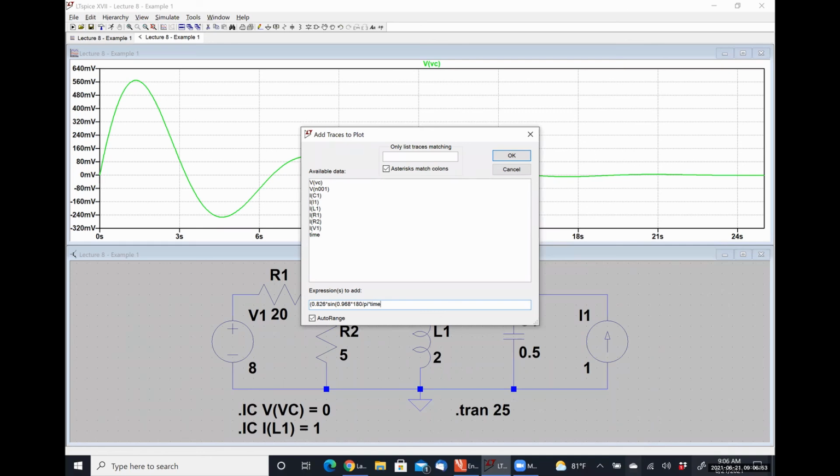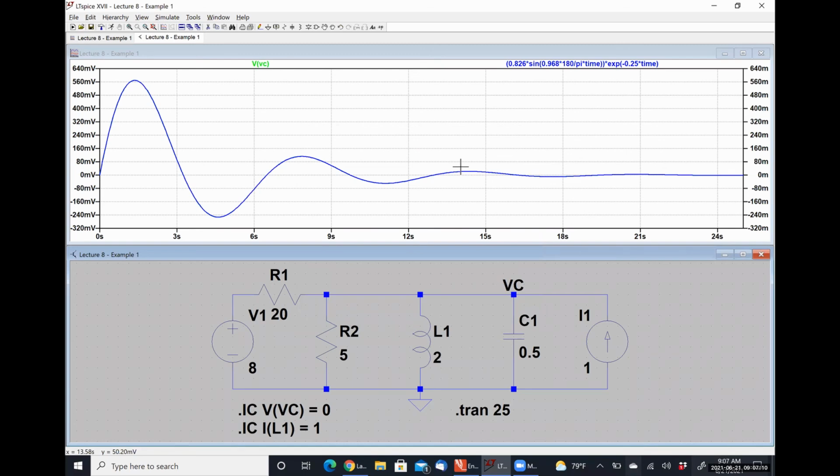Now I multiply omega_d times time, close parentheses, multiply by the exponential of negative 0.25 times time, close parentheses. The blue curve completely overlaps the green curve, which means our analytical solution exactly matches that of the simulation. So we are correct.